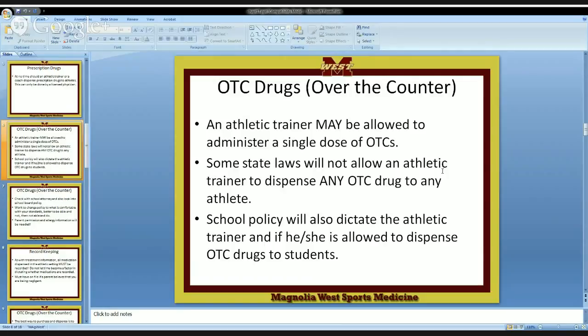So if you'll notice on our physical forms, have you seen that part? This is an optional signature for the parent, right there in the front. The parent wants us to give them Pepto-Bismol, Tylenol, Benadryl, something that's just a generic type deal that's over the counter.